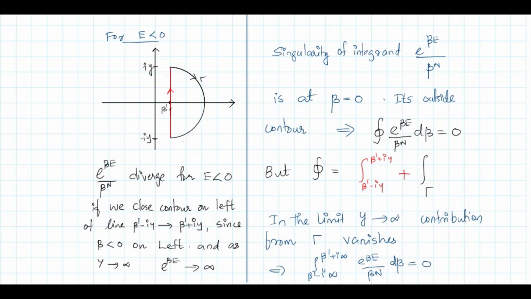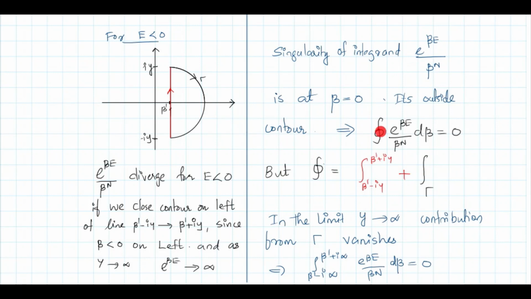Now, what are the singularities inside this contour? Our integrand is e raised to beta E divided by beta raised to N. Beta equal to 0 is a singularity, but beta equal to 0 is this point, and that singularity is outside the contour. So on and inside this contour, this integrand is analytic.